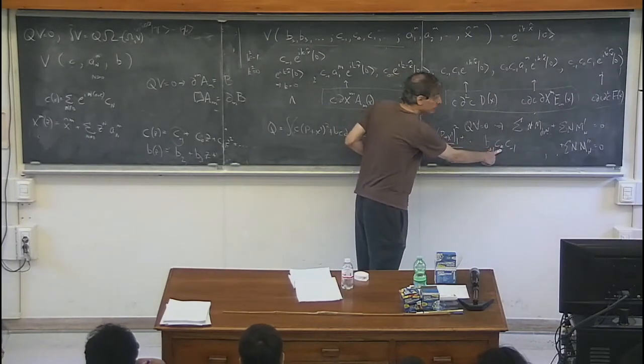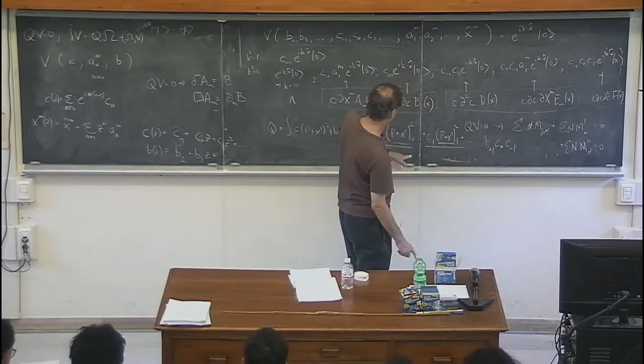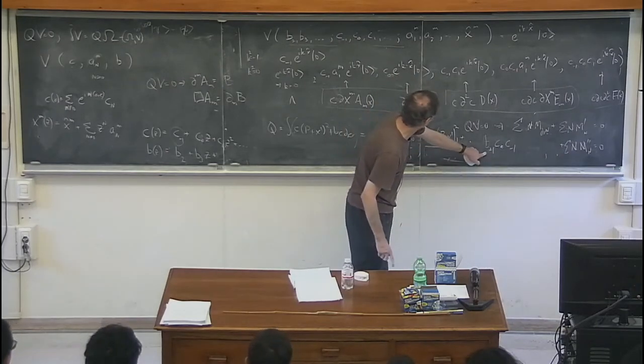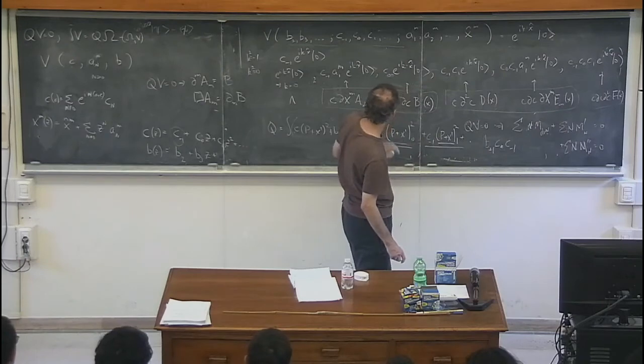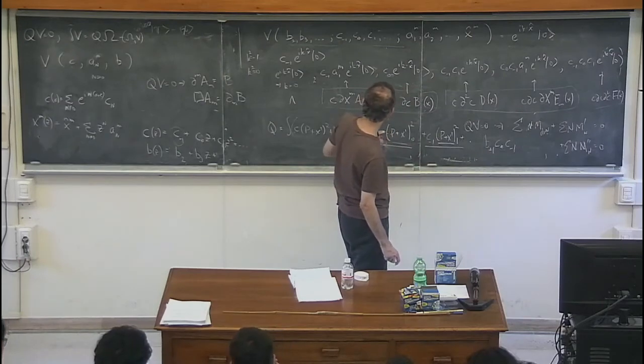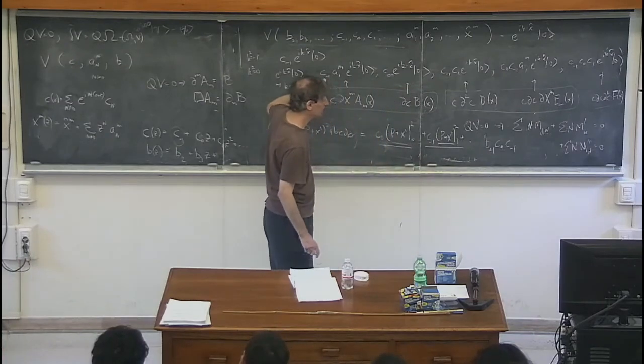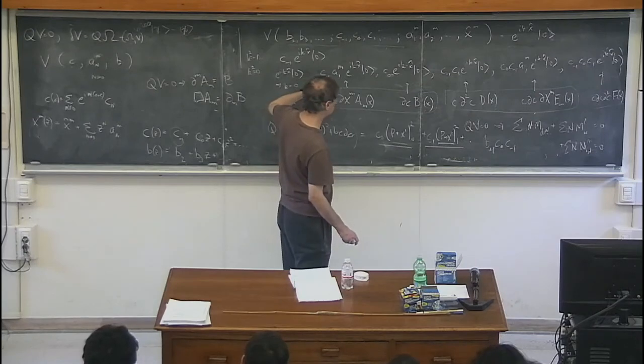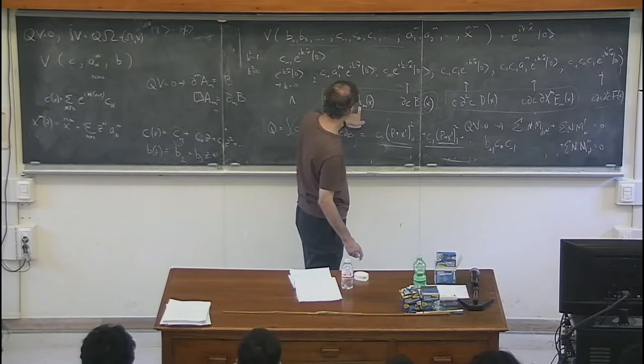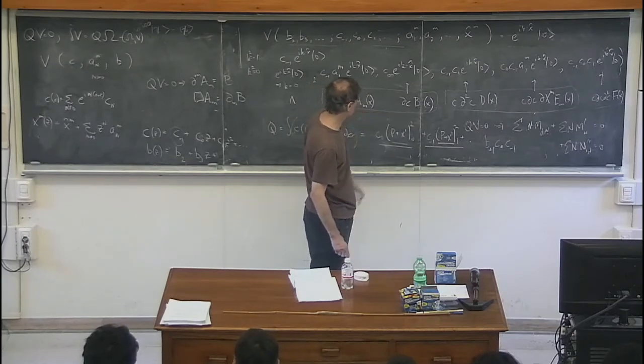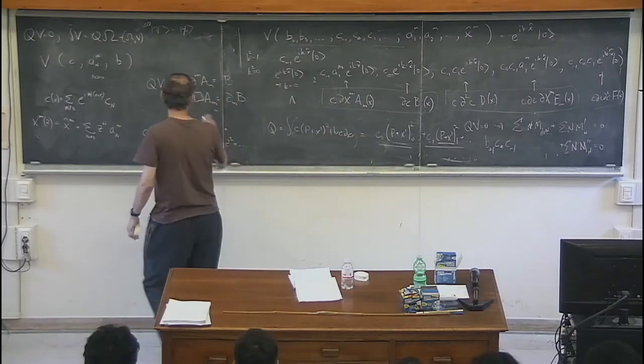So if the B plus 1 here kills the C minus 1 here, you can get a cancellation between box acting on this and dm acting on this. So the correct conditions you get are these conditions here.